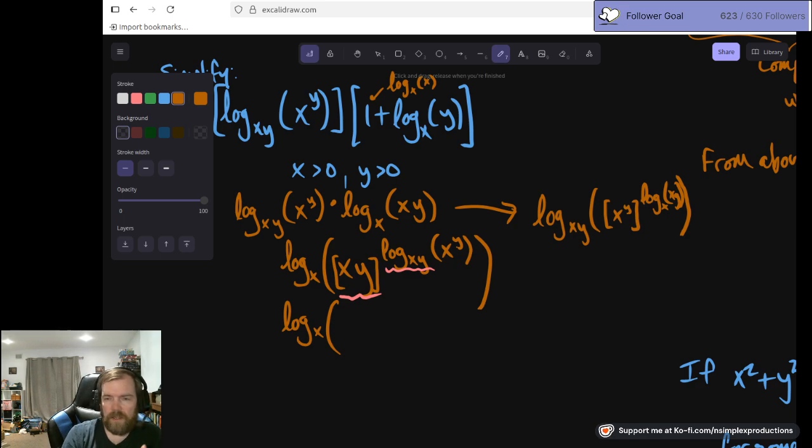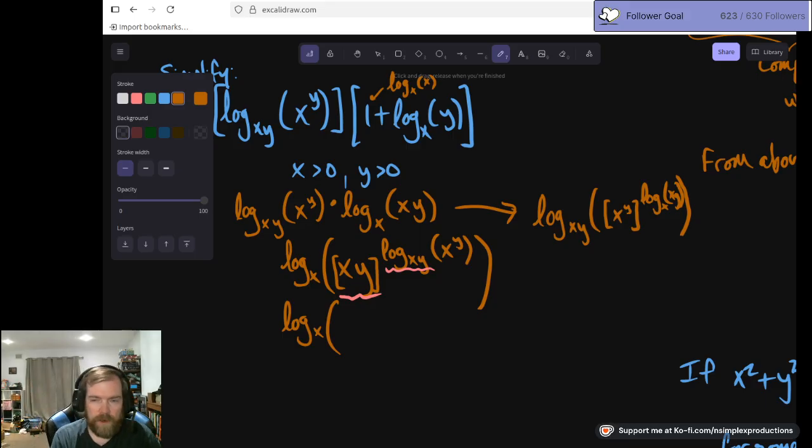Again, this is saying log base xy is the exponent for which the base xy is going to have x to the y as its result.